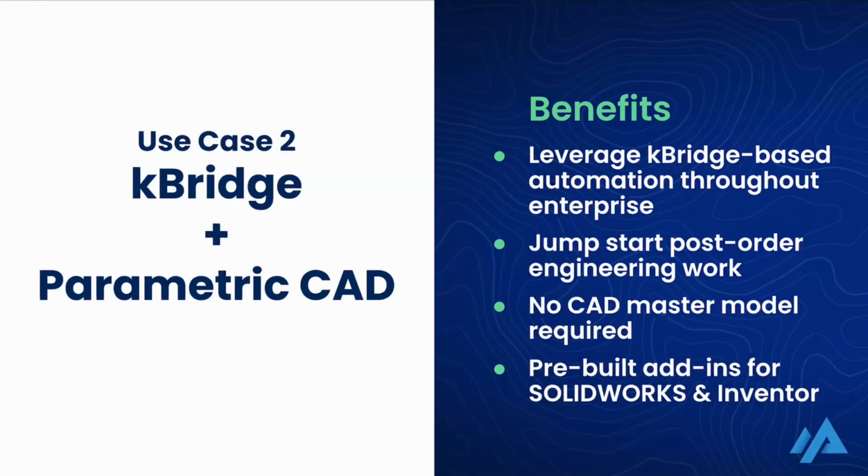So automation is absolutely awesome, but you can't account for every possible once in a blue moon situation that's going to come up. So it's typical that you will have some level of post-order engineering work that needs to be done. So how do we jumpstart that?